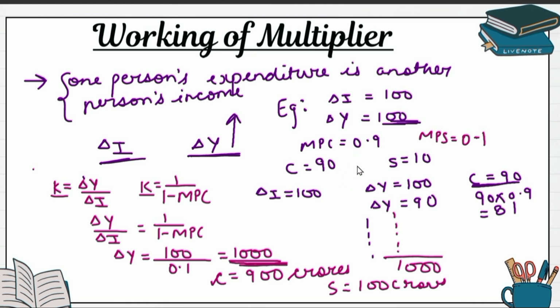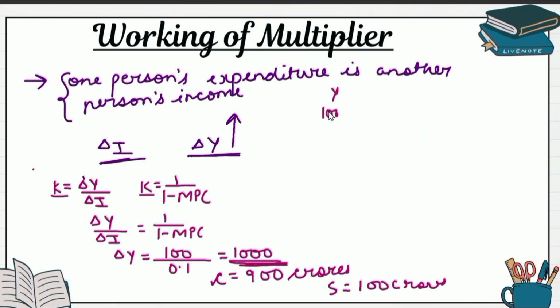There is one more method to find out. So let's go through that also. In my initial round, my income is 100 and consumption is 100 into 0.9, that is 90% of the additional income is my consumption, so it becomes 90. In my next round, my income is 90, and how do I get this 90?